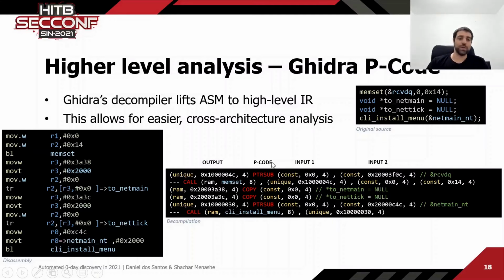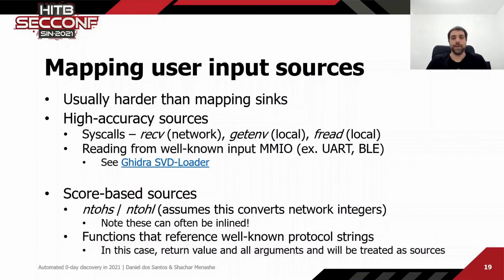So the second part would be mapping the user input sources. This is a bit harder than mapping the sinks, which we'll get to. Basically, we need to hypothesize on where user input is getting into the program. For example, there are some high-accuracy sources.